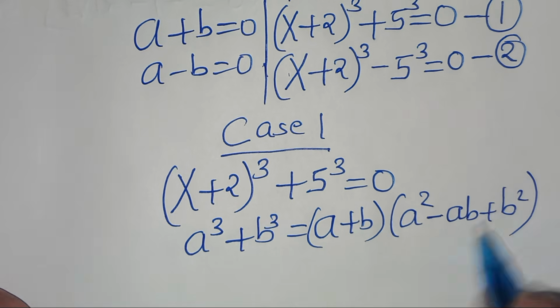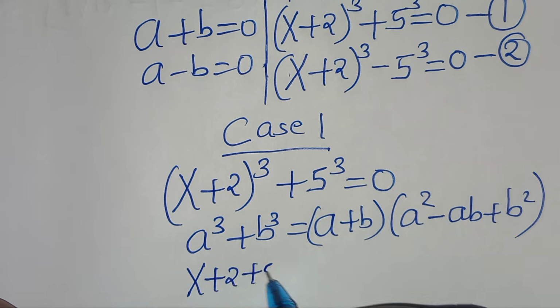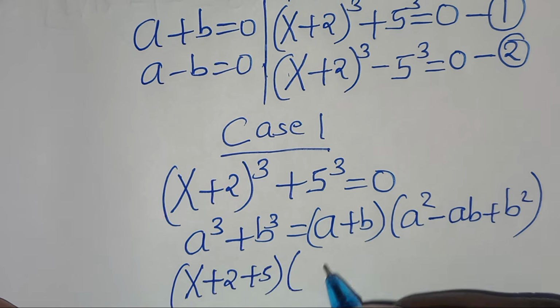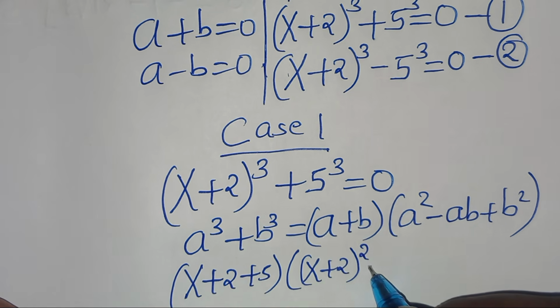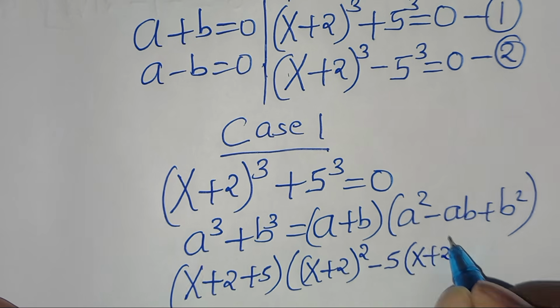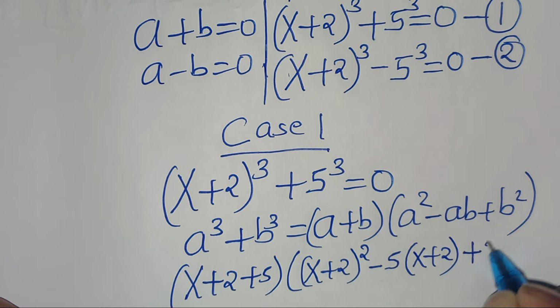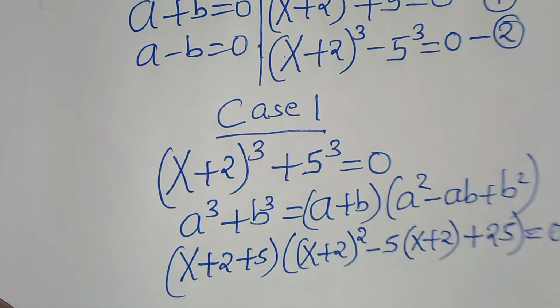Applying this identity, we have (x+2+5) times ((x+2)^2 minus 5 multiplied by (x+2), plus 5^2, which is 25), equal to 0.